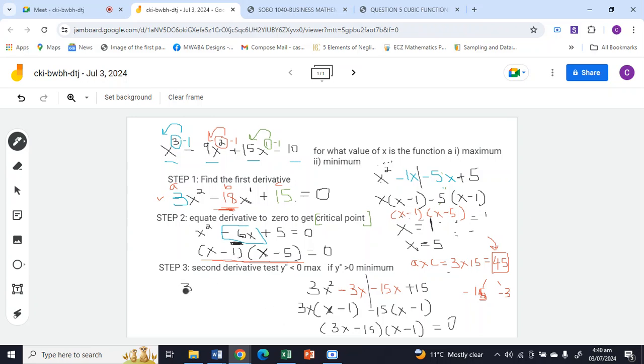You take 15 over the equal sign. If this 15 goes over the equal sign, it becomes positive 15. Then we divide both sides by 3. So again, we have x equals 5 and x equals 1 as our critical points.